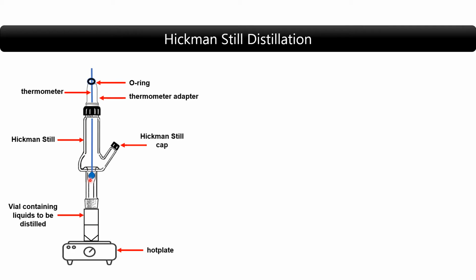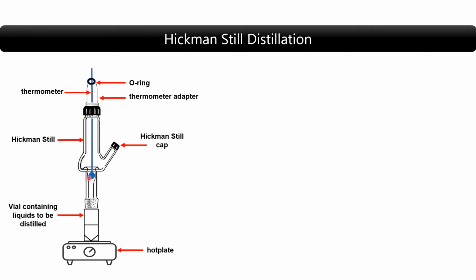The inside of the Hickman-Still is hollow, so we can place a thermometer across it, and to help place the thermometer we can use this glassware called a thermometer adapter and an O-ring, which is a very thick rubber band kind of thing. So we use them to help place the thermometer across the Hickman-Still.